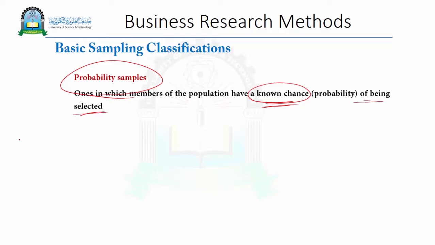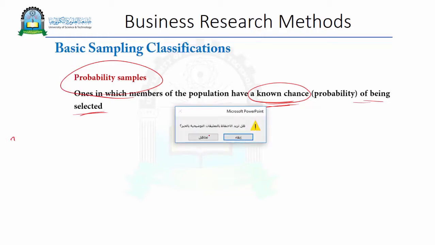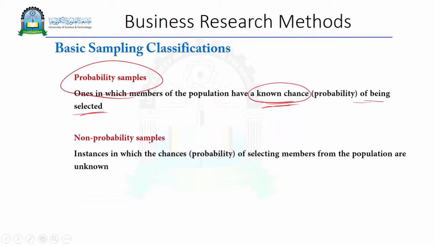So the chance is known for everybody, and it is going to be equal.